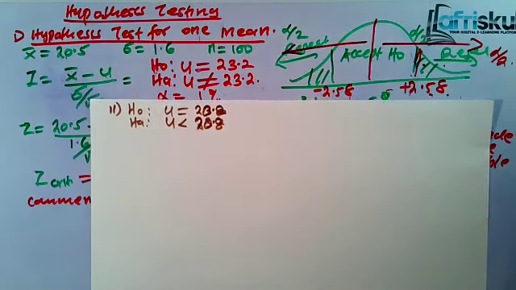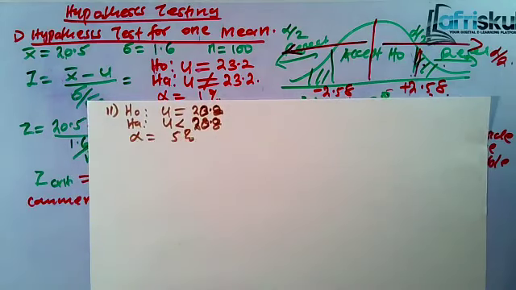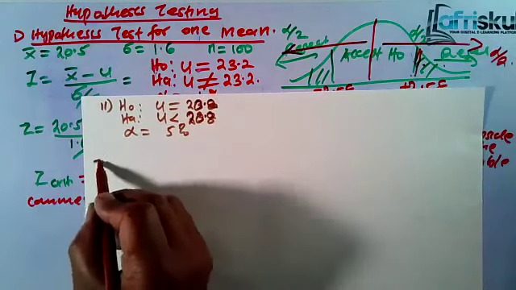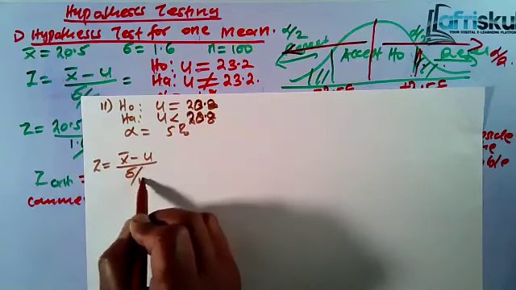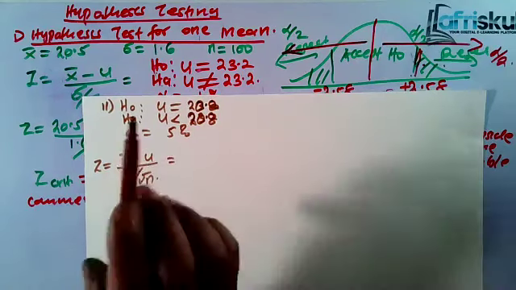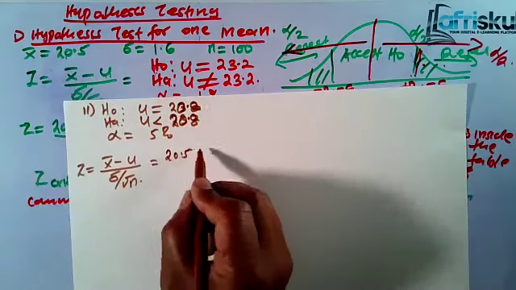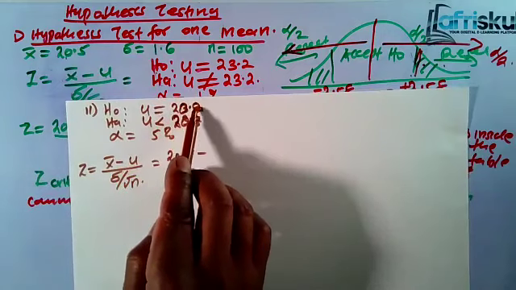20.8. Sorry for that. Then step number 3, significance level tumepewa 5%. Then from there, how do we get Z? Tulisema Z ni X bar minus U over standard deviation over square root of N. X bar does not change. X bar from the original question ilikuwa 20.5, minus U. So in this case, our U is 20.8.